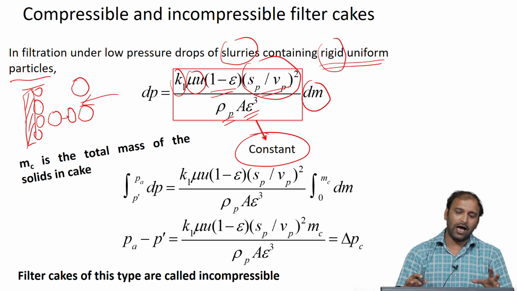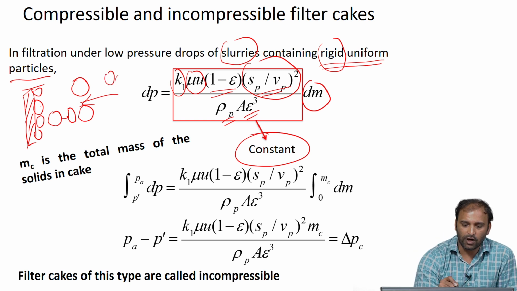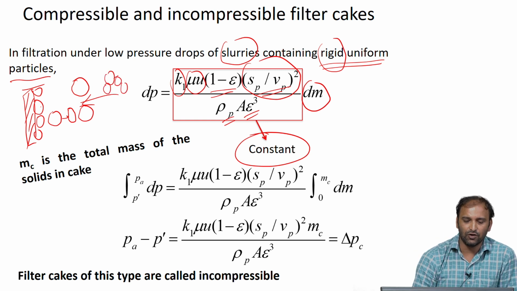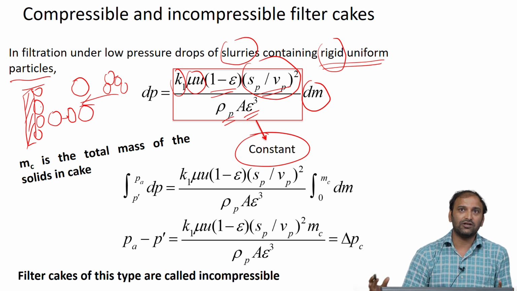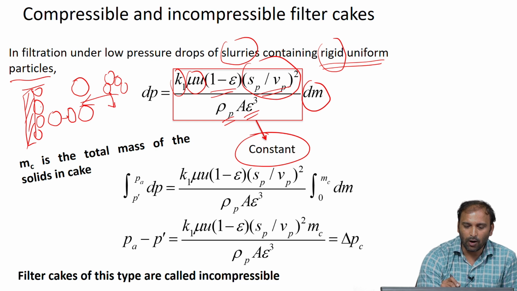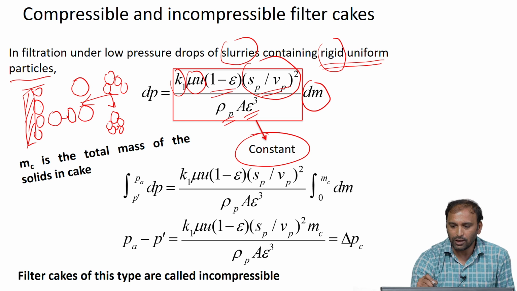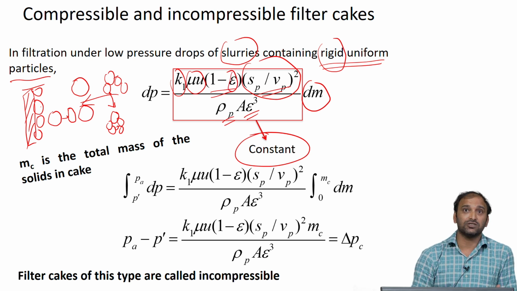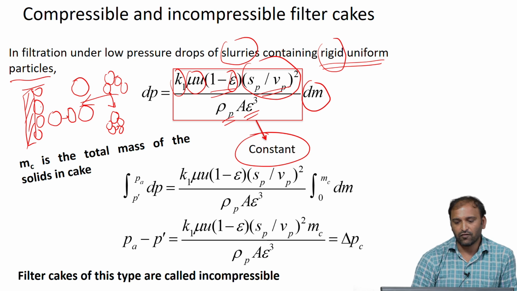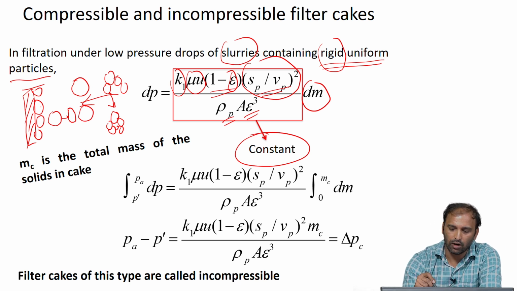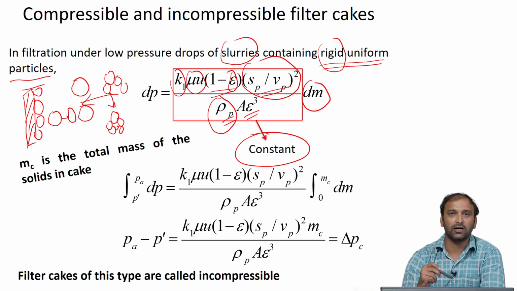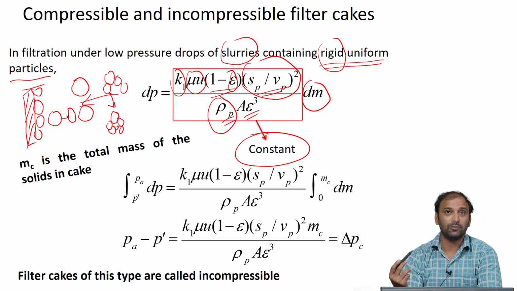Similarly, if you have a slurry which contains loose flocs, for example, if the slurry consists of some kind of aggregates of particles, what could happen is during the filtration process there could be some compaction of these aggregates, which could lead to changes in the porosity. And of course, if you are working with rigid particles, you could assume rho p to be constant.